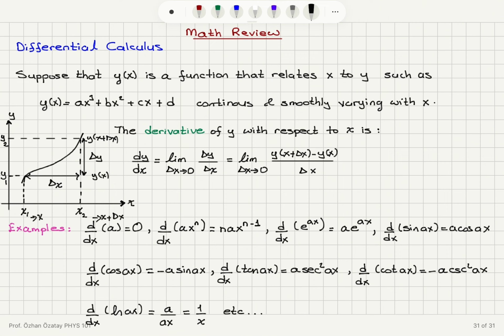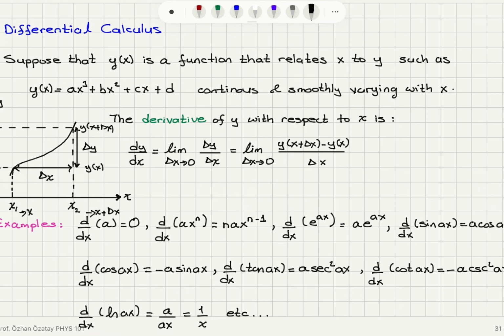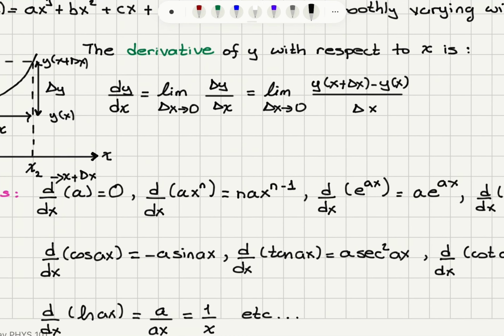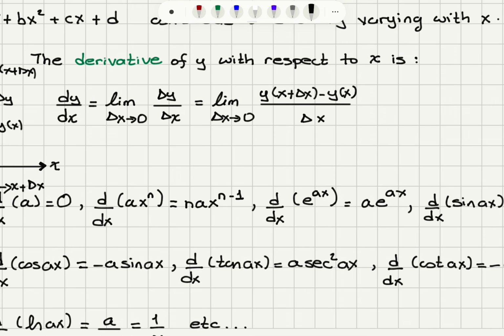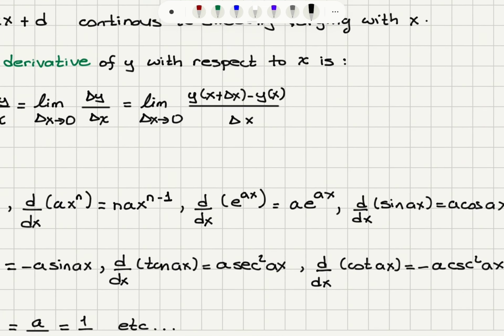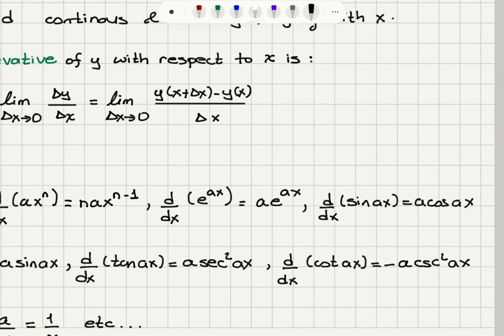All right. So let's look at some examples. Well, this is just a review. This is something you already know. If you look at the derivative of a constant a, it has to be 0. The derivative of a times x to the power n is n a x to the power n minus 1. Derivative of an exponential e to the ax is a times e to the ax.